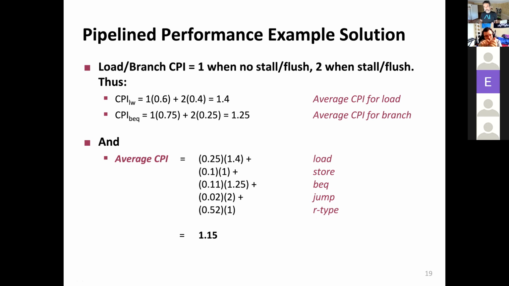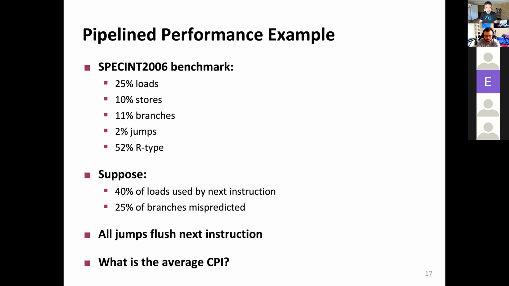But also here you need to incorporate the prior as well, right? Meaning that in programs that you have in your benchmark, and it is really important, right? What percentage of it is load? What percentage of it is store? What percentage of it is BQ, jump, R type, right? And these are given to you, right?